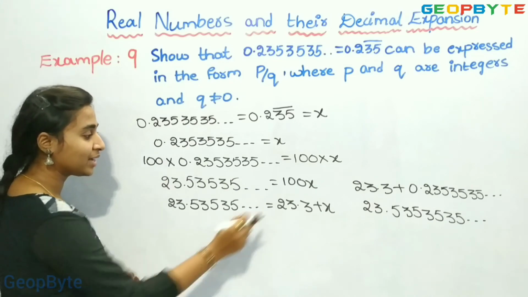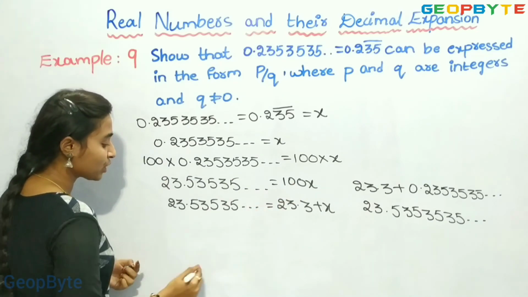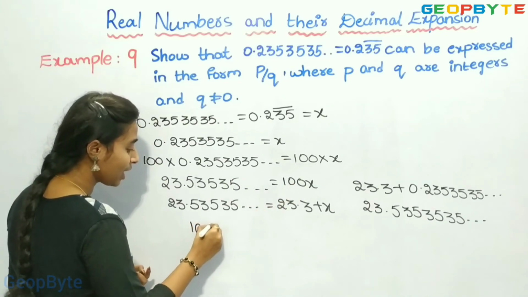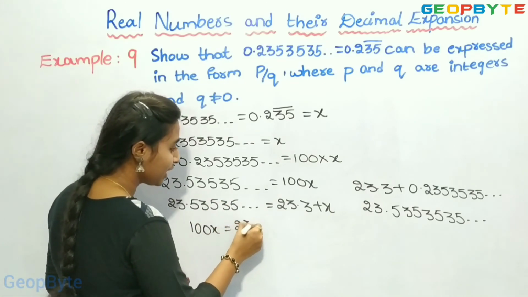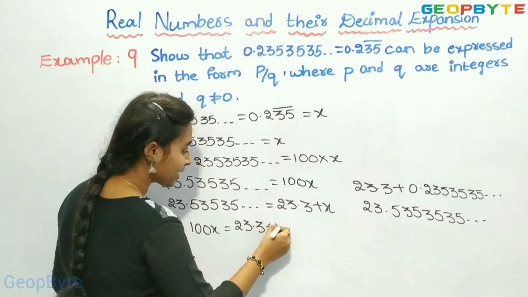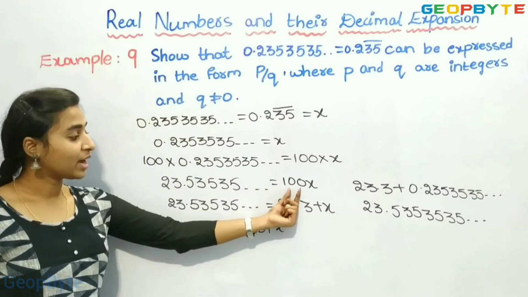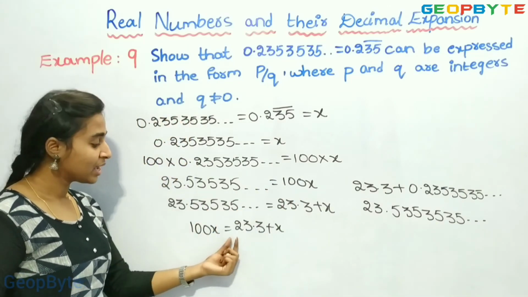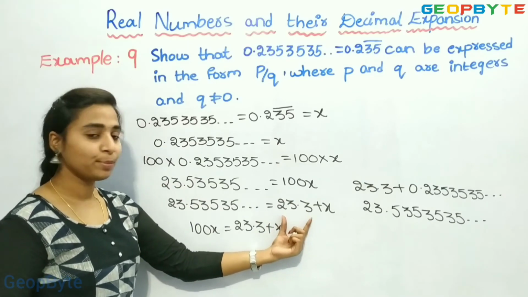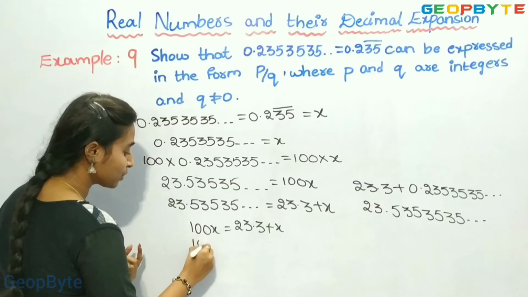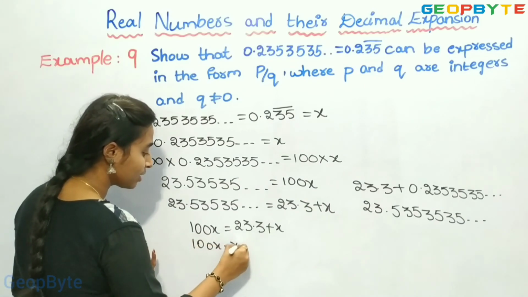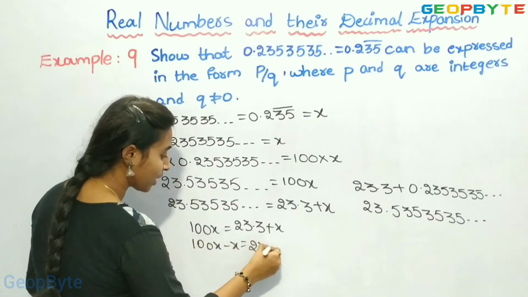So, let us write 100x in the place of this. 100x is equal to 23.3 plus x. I have written 100x in the place of this, is equal to 23.3 plus x. Now, if this x comes towards the left hand side, it becomes minus.